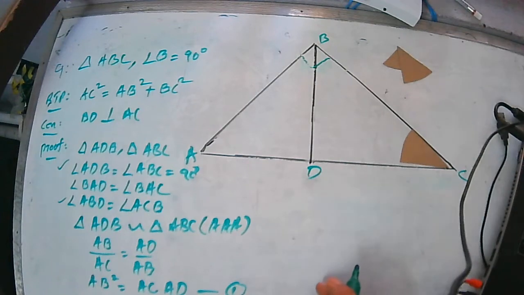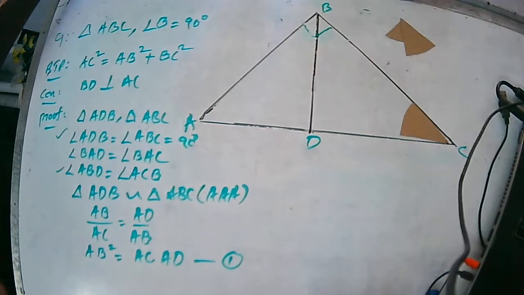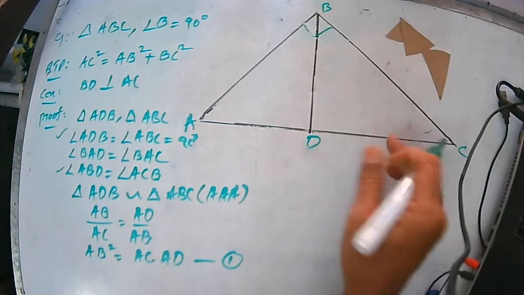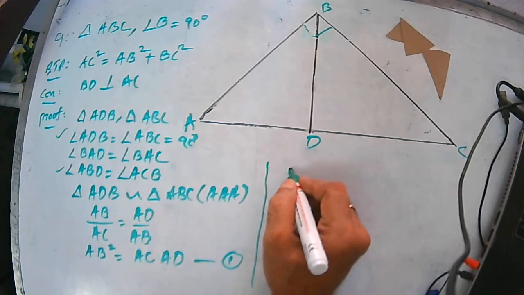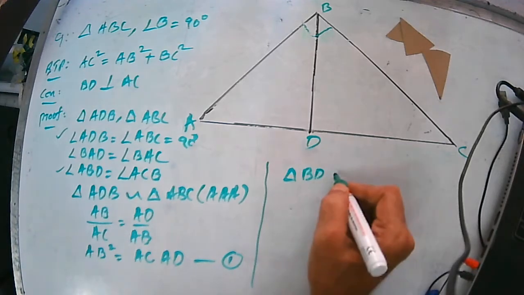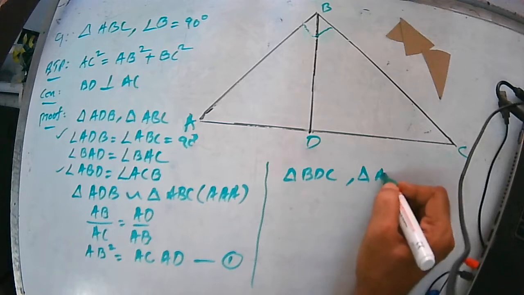Next one, the same thing. Now look here. Now on this side we can take triangle BDC, and triangle ABC we are taking again.